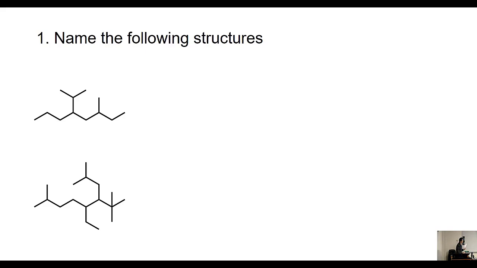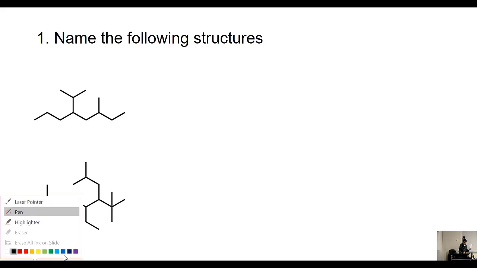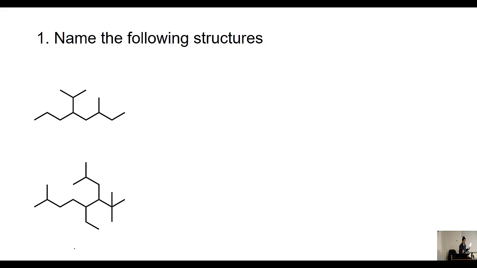Octane. Okay, so how did y'all get octane? We have 8 carbons as our longest chain. So I'm thinking 1, 2, 3, 4, 5, 6, 7, 8. What do y'all think? Yes, but number the other way. Why would I number the other way?